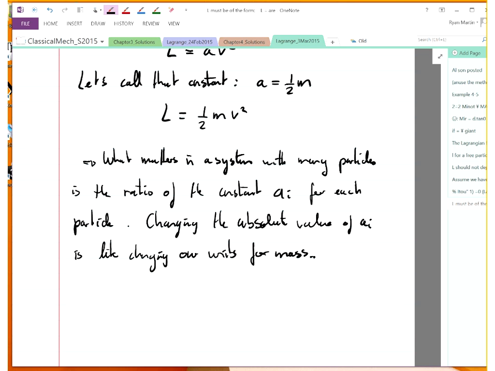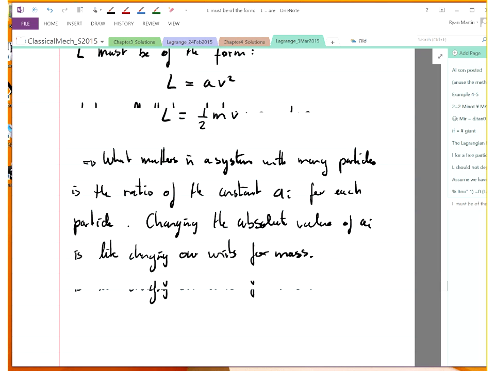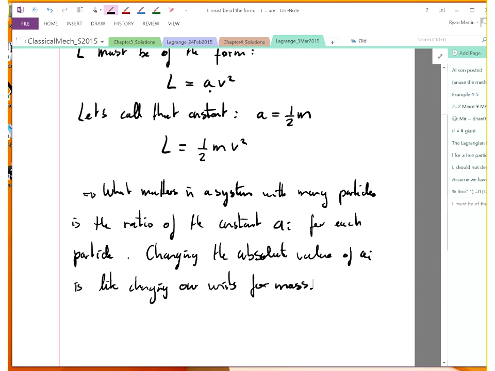So the conclusion here, well, first of all, we found with relatively general arguments about the isotropy of space that the Lagrangian equal to the kinetic energy is an adequate description for a free particle in space. We know mathematically that if we have multiple particles we can add more terms to the Lagrangian. And what matters is not the absolute value of the terms that we're adding. So it doesn't matter if I call the constant A or 2A or half m.